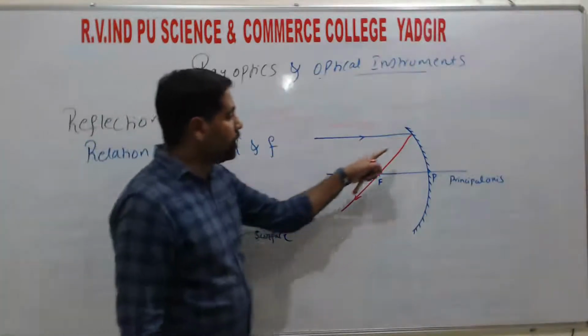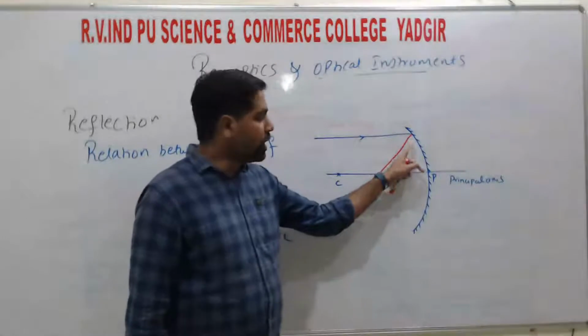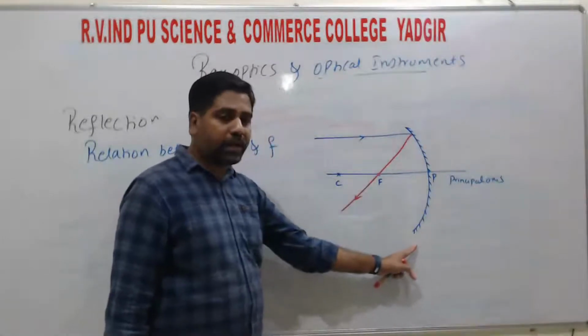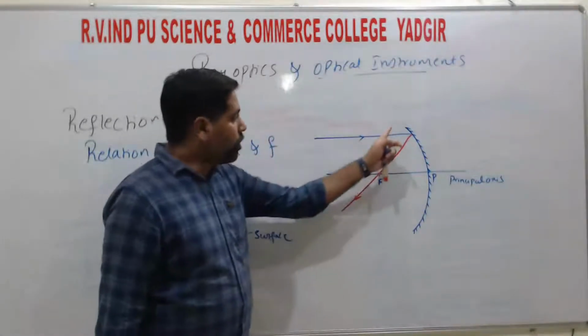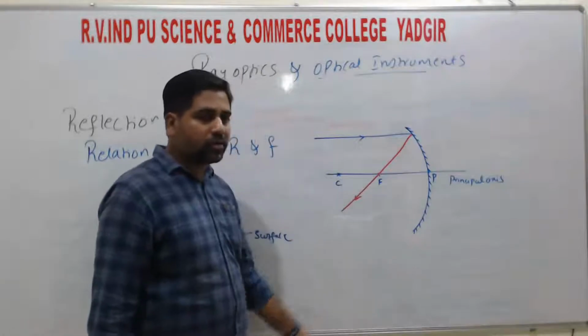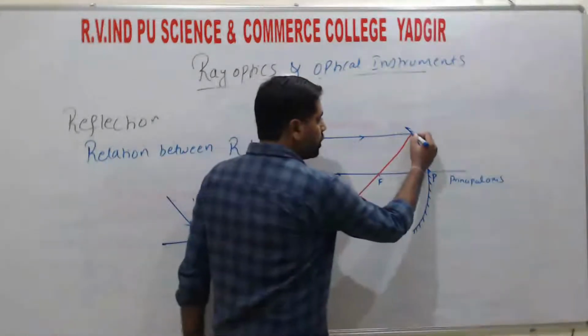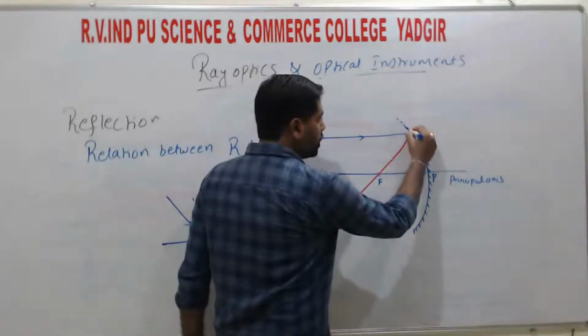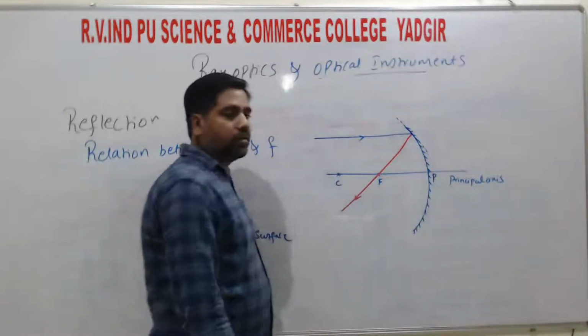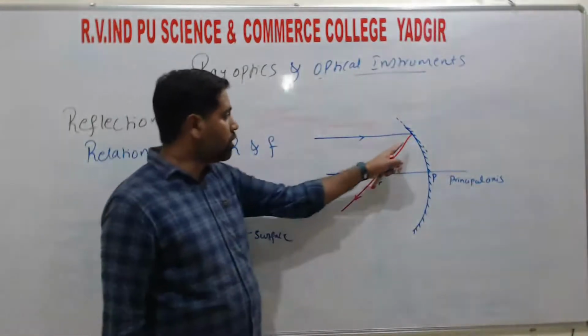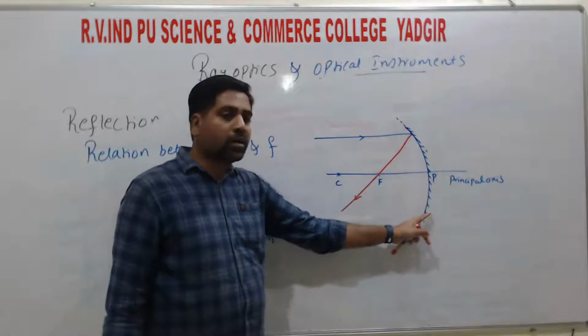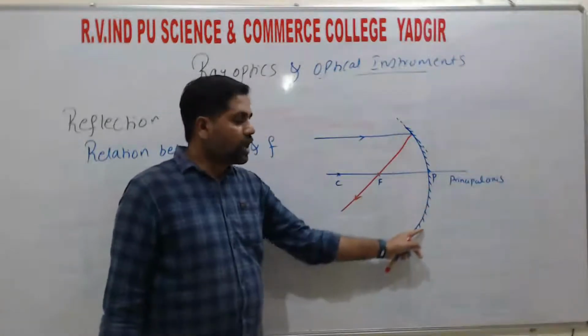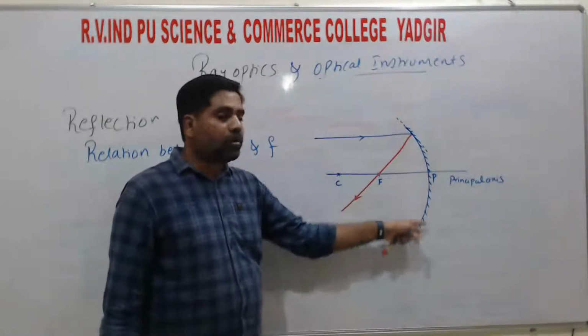Here also we need to draw the normal, but this surface is not a plane surface, right? If we want to draw the normal for this curved surface, first at the point of incidence we need to draw one tangent to the curved surface, that is for the mirror.